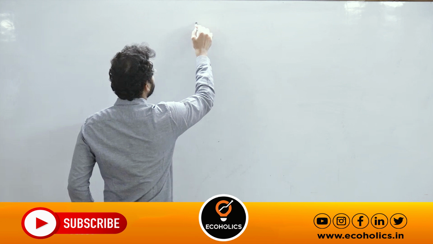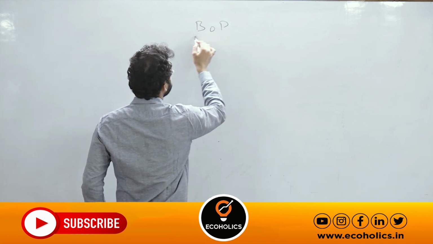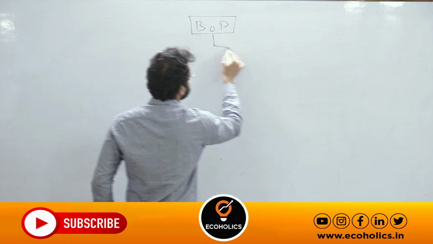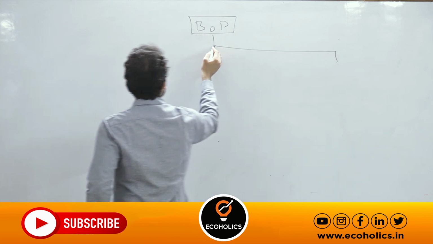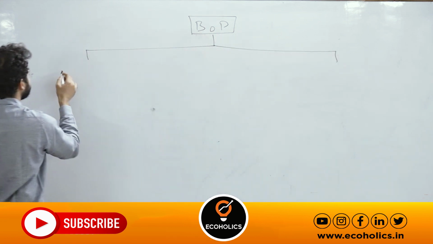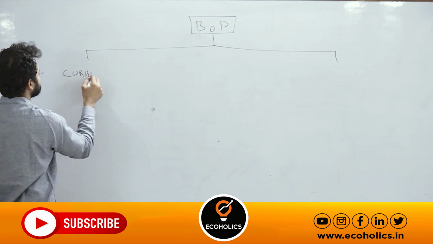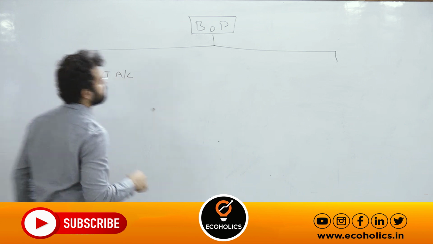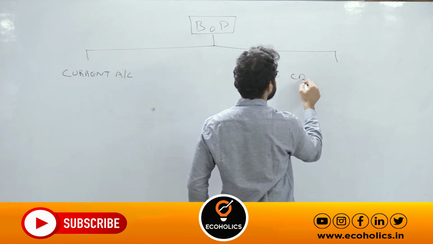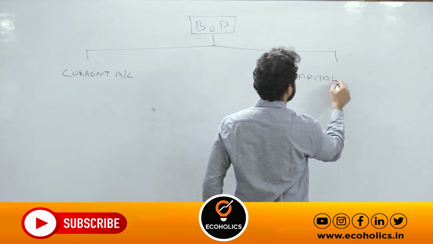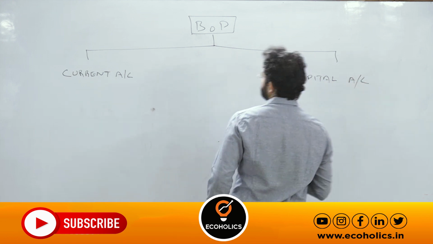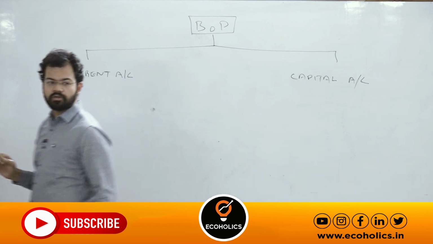So we'll make the balance of payment account. Very vital flow chart. Current account and capital account.